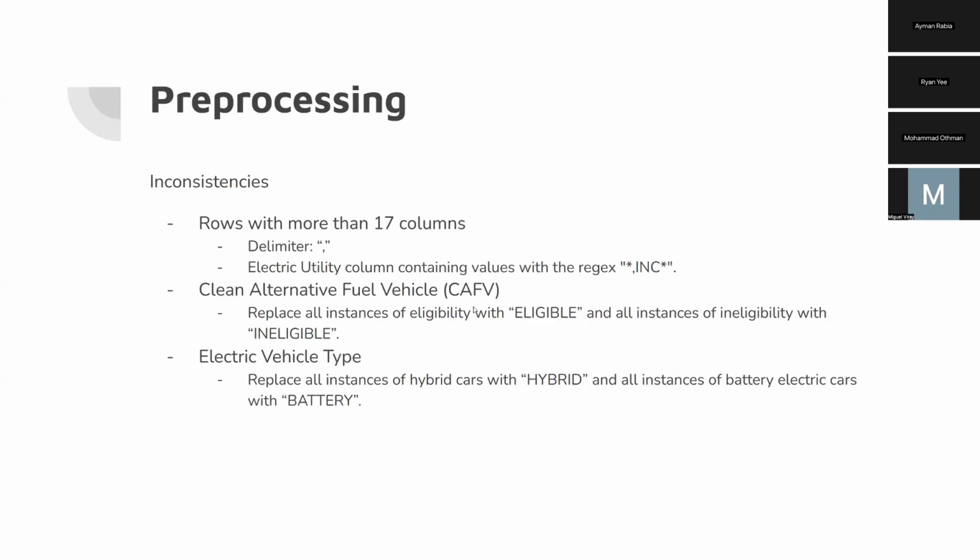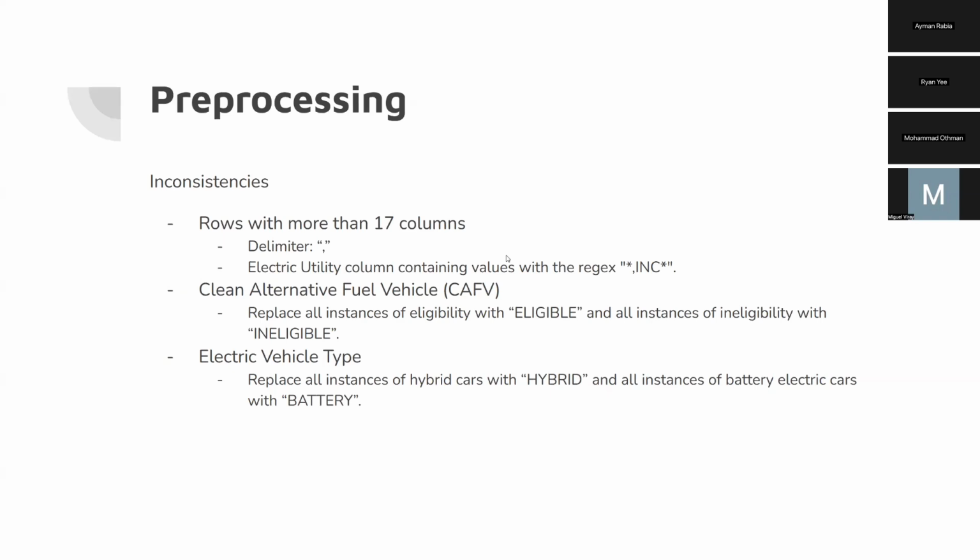Next. So for pre-processing, first off, there were a lot of inconsistencies. One of the major ones was that there were more than 17 columns, and this was due to the electric utility column, which had this regex that included an extra comma, and that made pre-processing kind of hard because we use the comma as the delimiter in a CSV file.